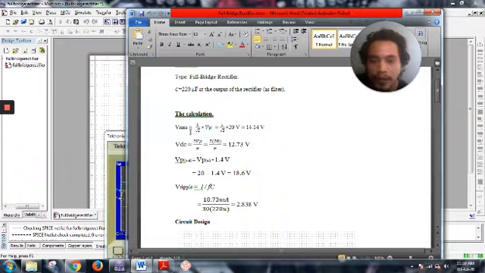From the circuit, we can calculate the VRMS and VDC. VDC is 12.73, and Vout is 20 minus 1.4 volt. Why 1.4 volt?